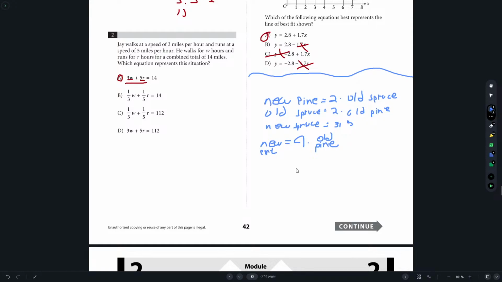Let's see. If the spruce is now 315 years old, we know the spruce is older, so the pine tree is going to be less than 315.